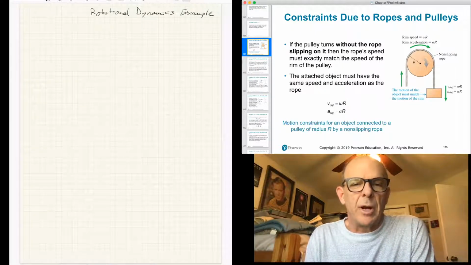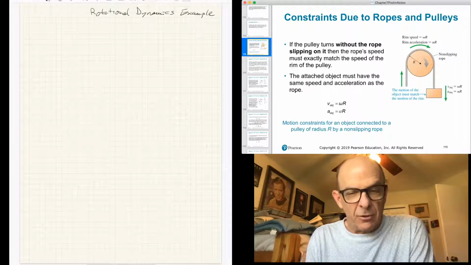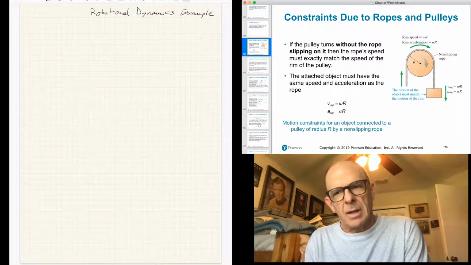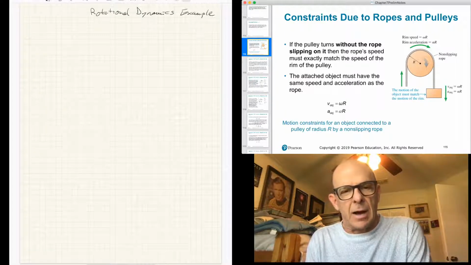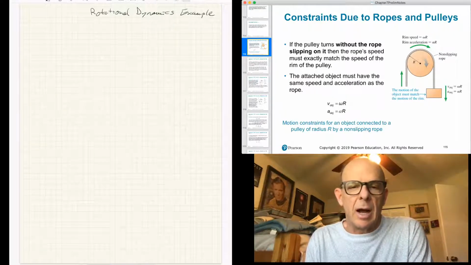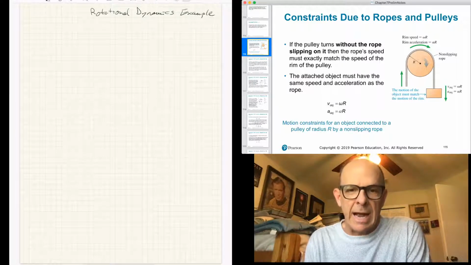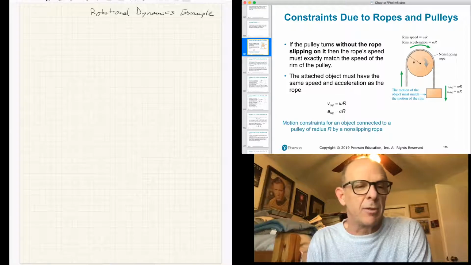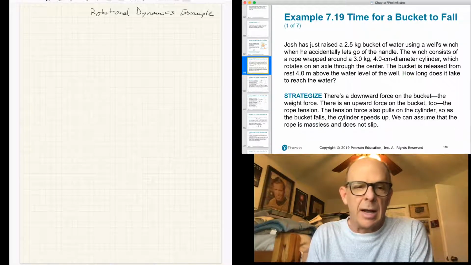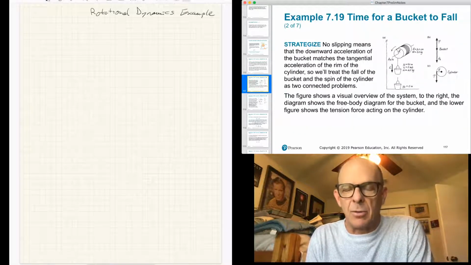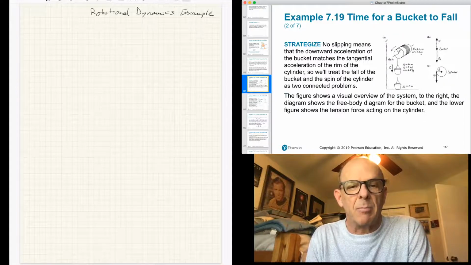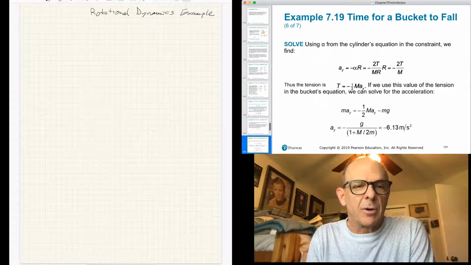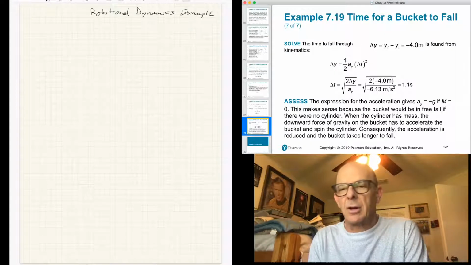If we are saying that the rope doesn't slip on the pulley, in other words, the rope moves at the outer edge at exactly the same rate that the outer rim of the pulley is moving, then we can connect the motion of things tied to that rope to the motion of the pulley itself. And that's worked out in this final example from the slides, which has a bucket on a pulley sliding down. So we're just going to do a simpler example ourselves just to get us started here.